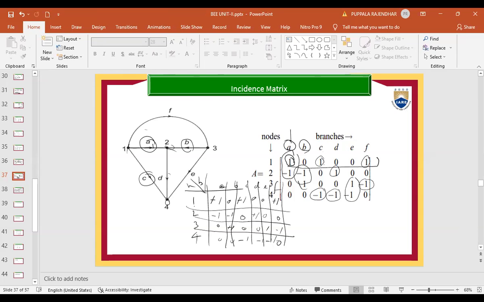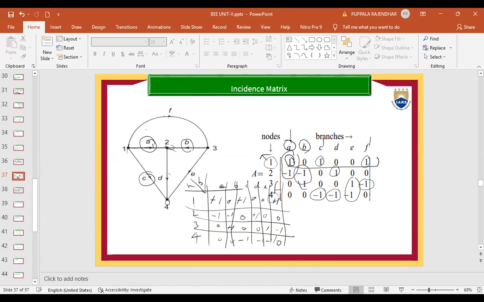A, C, F. Okay. So the row elements will identify, for this particular node, how many elements are connected, and this number we are calling it as the degree of that node. What is the degree of first node? 1, 2, 3. Very good.